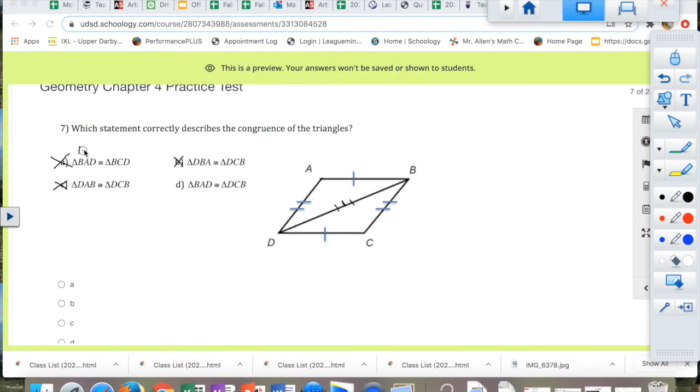1, 2, 3. BCD. BCD. This was a 213. That doesn't work. DBA. DBA. 312. DCB. 1, 2, 3.